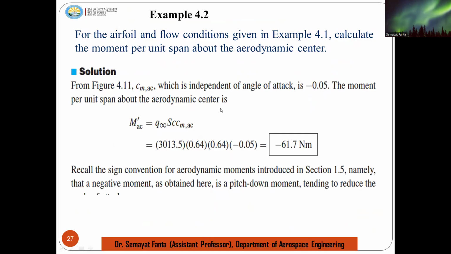So it is simply moment about aerodynamic center, which is equal to Q times S times C times CM. C is the chord, CM is the moment coefficient about aerodynamic center. So it is minus 0.05.